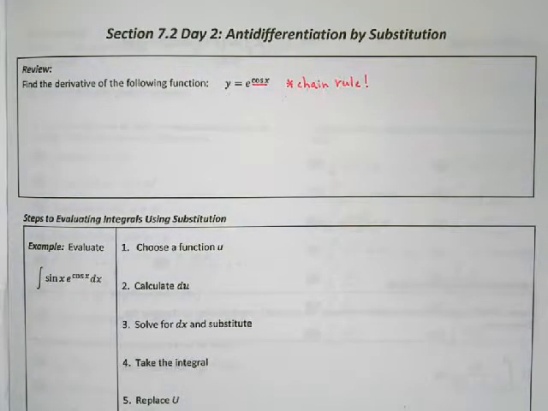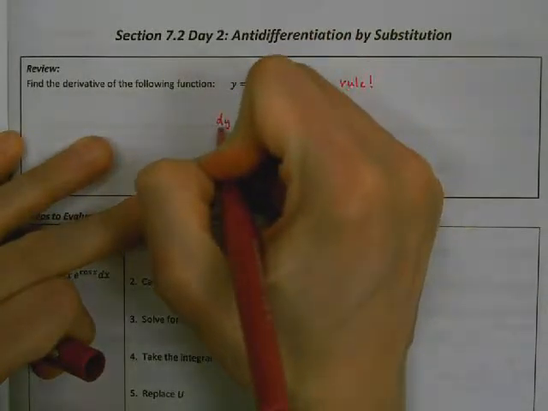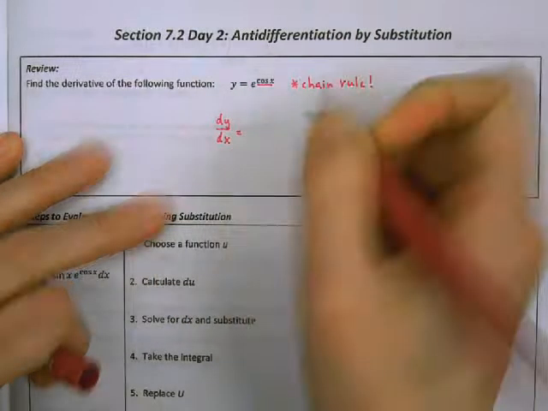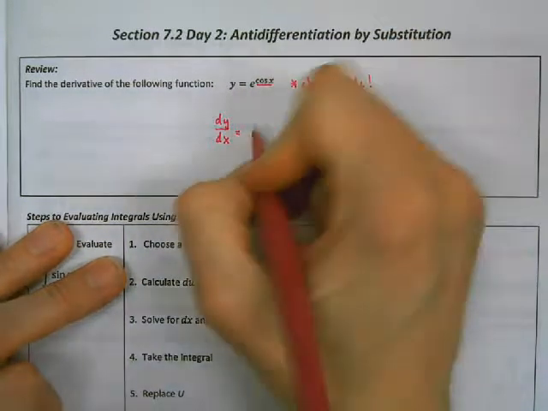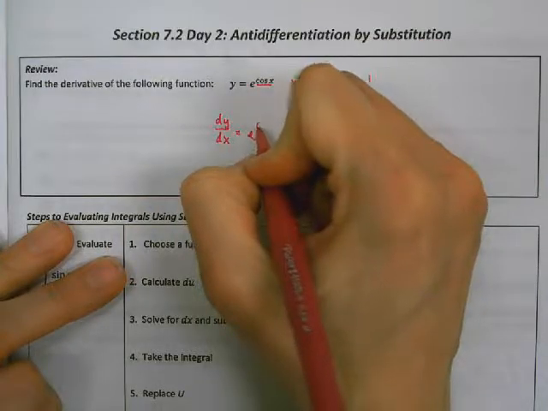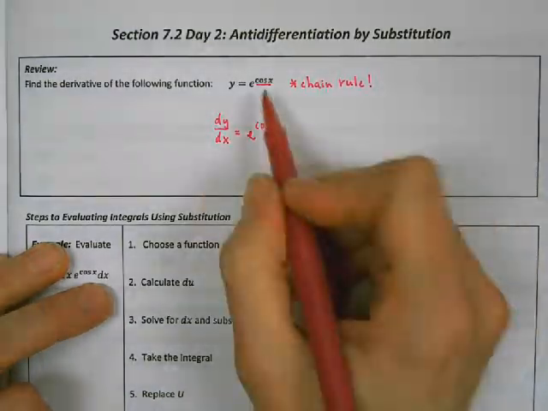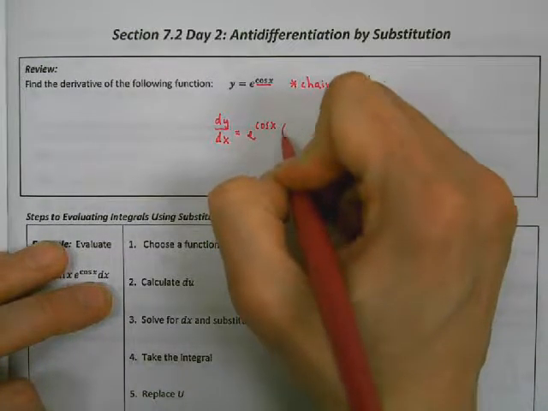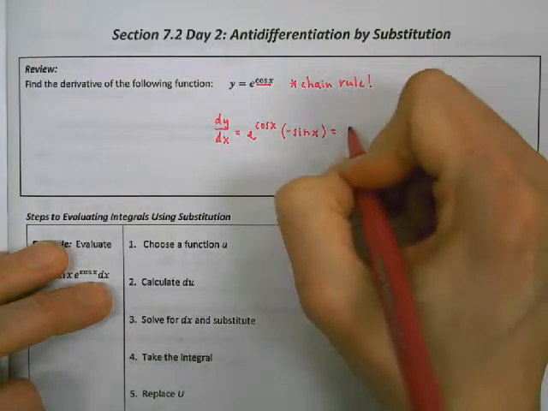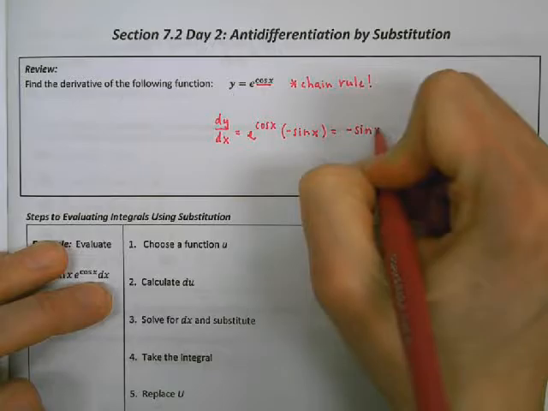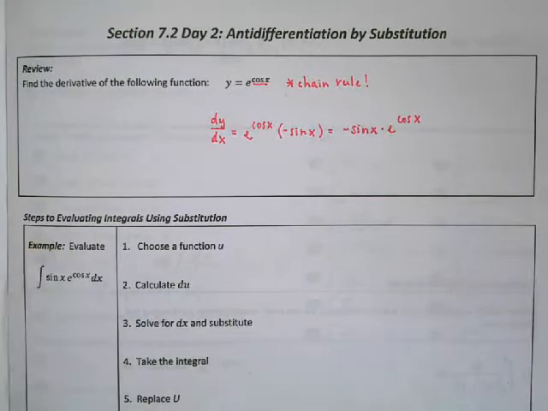So when we're differentiating using the chain rule, we know that our derivative, dy dx, we know e to something, that derivative is just e to that same thing, so we have e to the cosine of x, but now we need to multiply by the derivative of cosine x, which we know is negative sine x. So I know that my derivative is negative sine of x times e to the cosine of x.